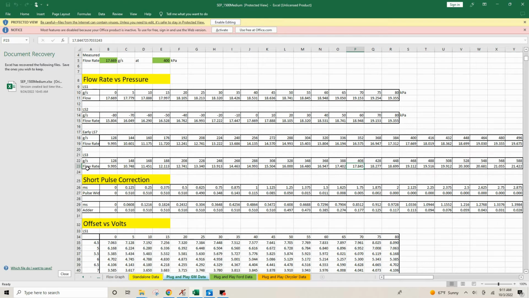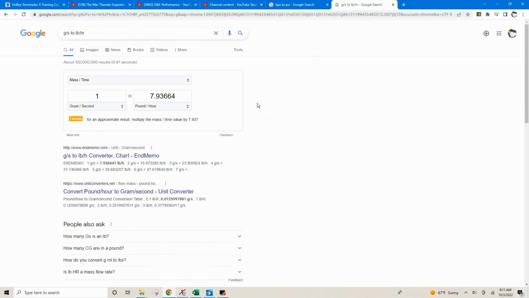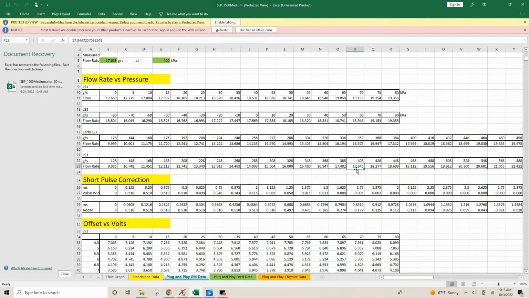We need to know how much our injectors are flowing at this given kPa. So we need to do another Google search, and we need to convert our gallons per second into pounds per hour. It's very simple. We're going to look at our 408.